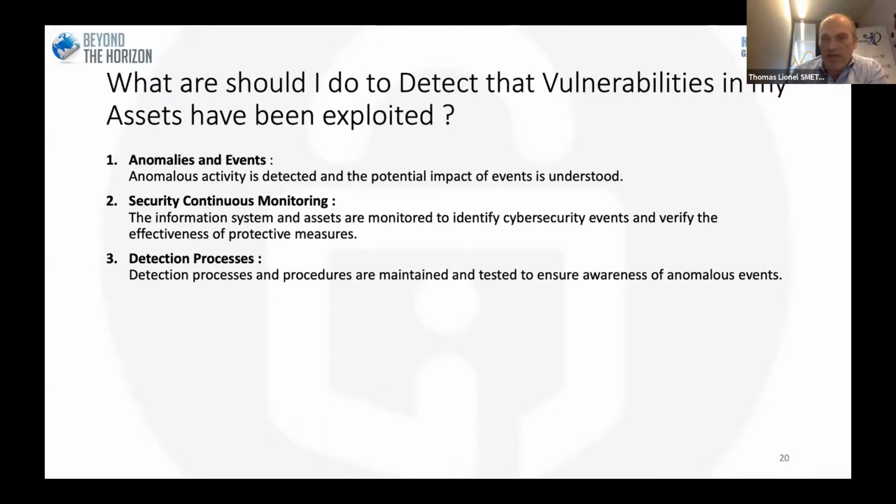Which are the assets I need to constantly monitor to see whether there are some unusual activities, and can I also look back in time to make sure that this activity that I see today is not something that we had in the past? So this continuous monitoring is pretty expensive, pretty complex, and voilà.